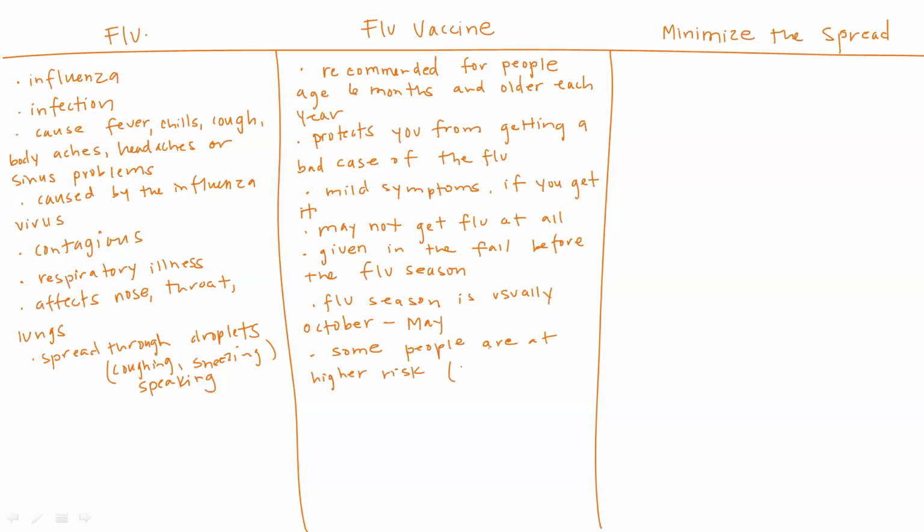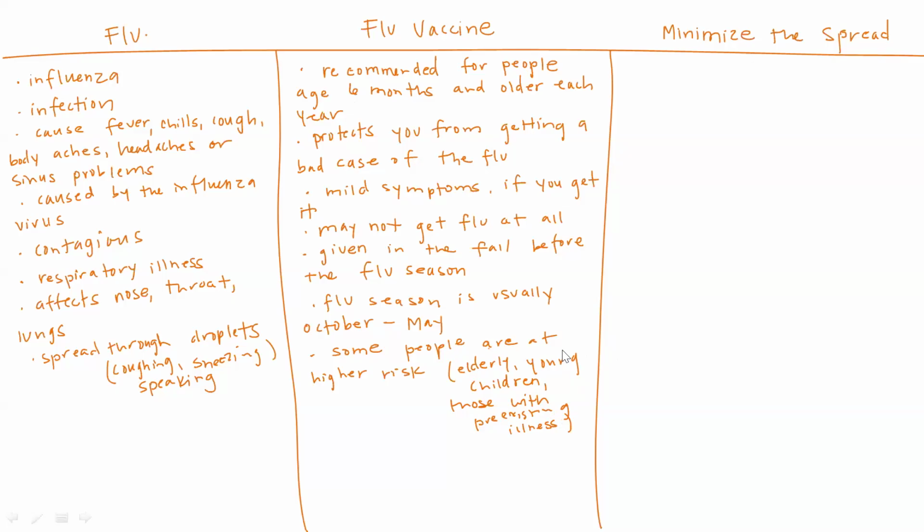So who would be at high risk? The elderly, young children, those with pre-existing illness, like a compromised immune system, those that have asthma. So these are all pre-existing illnesses. They would be more at risk of getting the flu, right?